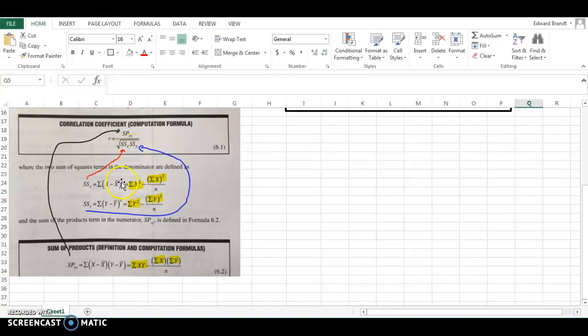Alright? Now, the fact that you're squaring them, you're always going to end up with a positive value, which then allows you to take the square root. If you had a negative value under here, you have a problem. But the numerator, if you take a look now, these are comparing pairs of these coordinates. So, for example, if you take a look at this portion of the formula, you're going to take an x value, find its difference from the mean, and then the y value that's associated with that x value, and find its difference from the mean.